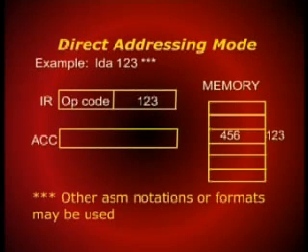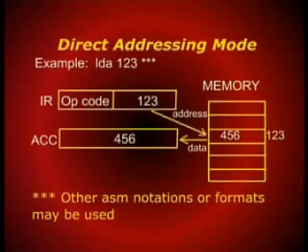Now in this case, note that 123 is not the data, rather it is the address in the memory. After this instruction is executed, the access would be given to an address in memory indicated by 123. For this example, the contents of the memory are 456, and this would be transferred to the accumulator.